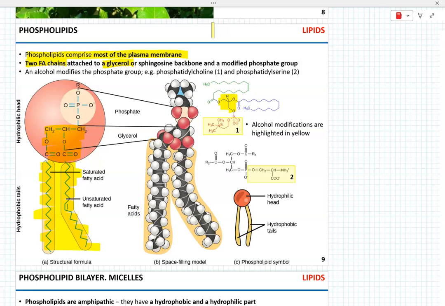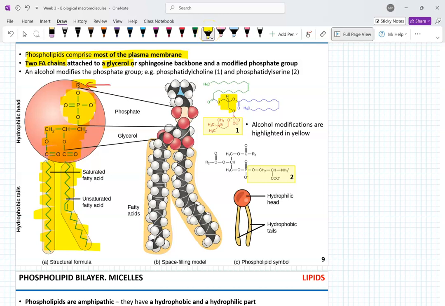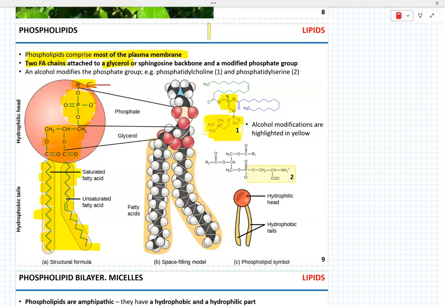Additionally, glycerol or sphingosine have the phosphate group that carries some kind of a modification, some kind of a radical. This radical, shown here as R, is usually an alcohol. Examples of phospholipids, shown on the right, are phosphatidylcholine as a modification and phosphatidylserine as the modification.